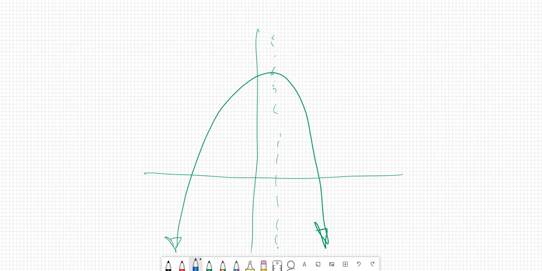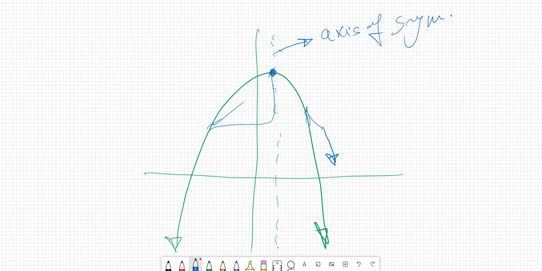So here is the axis of symmetry, and this is the axis of symmetry, which already passes through the vertex. And here, as you see, the function until the vertex was increasing, then now the function began to decrease. So this point is called the vertex.